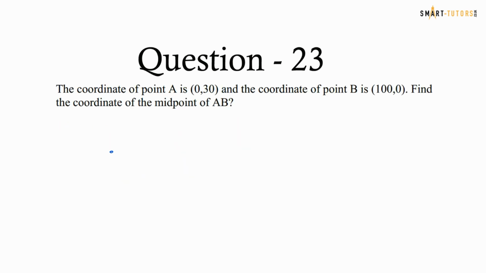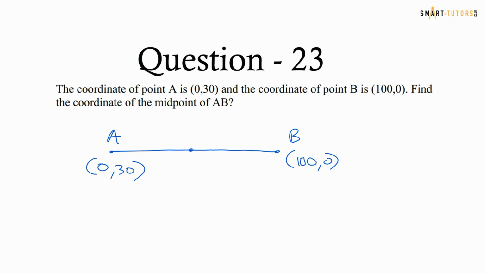The coordinate A is (0, 30), and the coordinate B is (100, 0). Find the coordinate of the midpoint of AB. If anybody asks for the midpoint, you need to add the x coordinates and divide by 2.